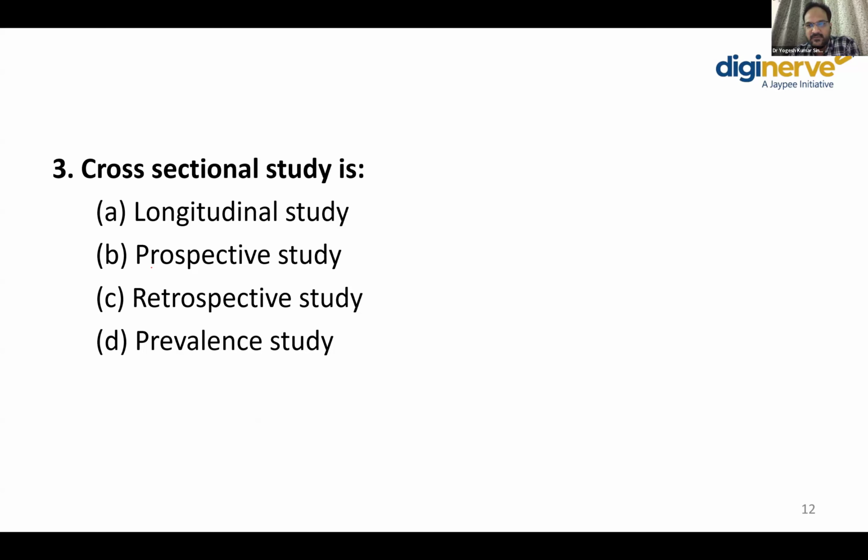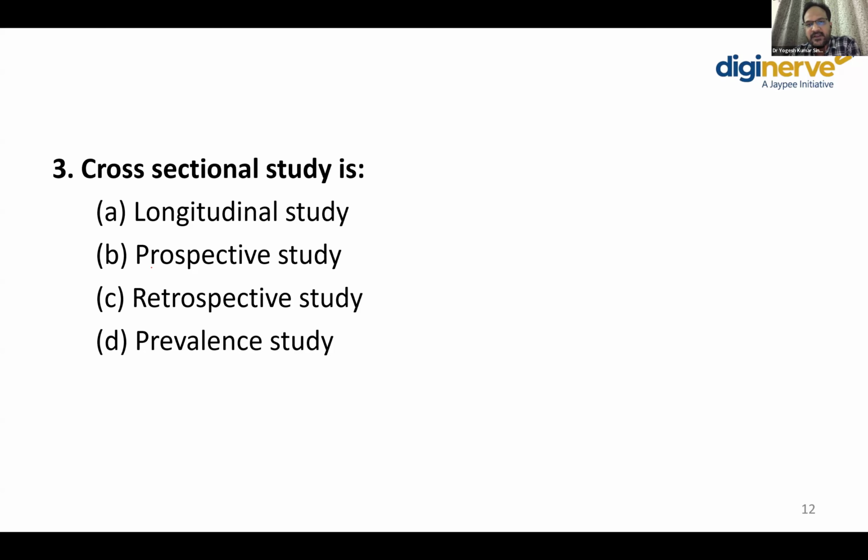Okay, I already told you there are four types of study in the analytical: case control, cohort, ecological, and the cross-sectional. So case control is retrospective, cohort is prospective. So prospective and retrospective both are excluded from the options. Now we have only two options, A and D, longitudinal and the prevalence.